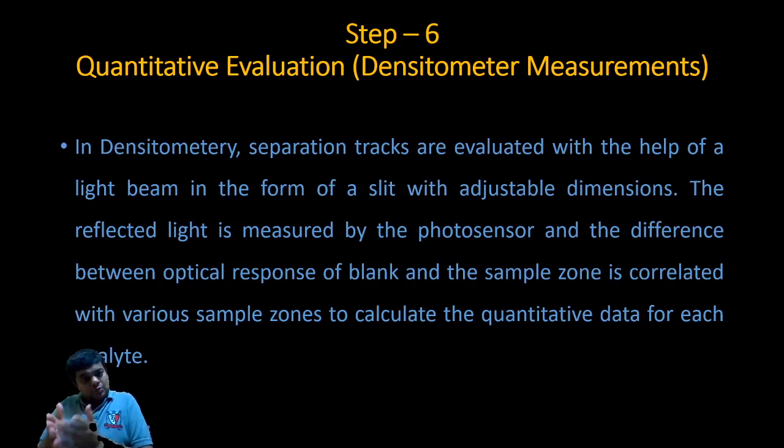Even as it is attached to a computer, in the computer there is a library in which there are analyses earlier done and stored of more than 2 to 3 lakh different natural products. And if you are doing the same kind of natural products, you can compare, you can overlay, and you can judge what components are present. So this is what HPTLC is, and for these many reasons, we really have to call it high performance. This is high performance thin layer chromatography.